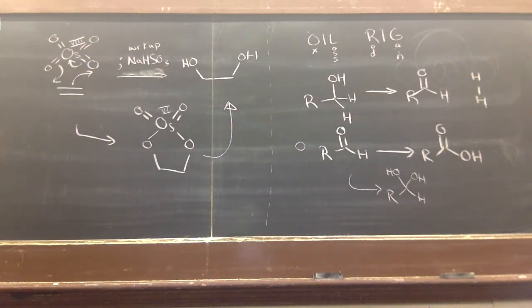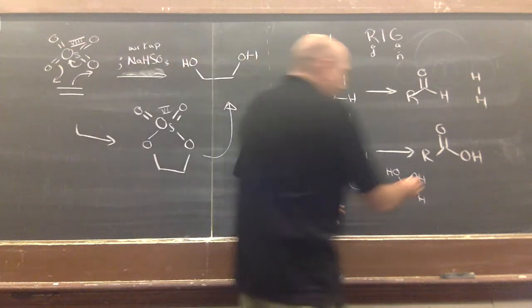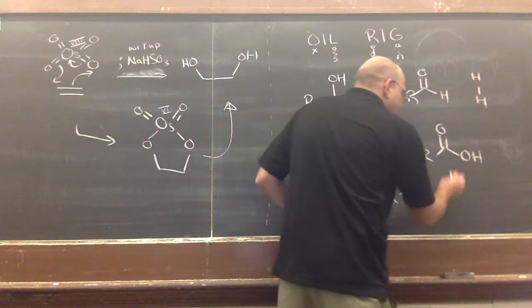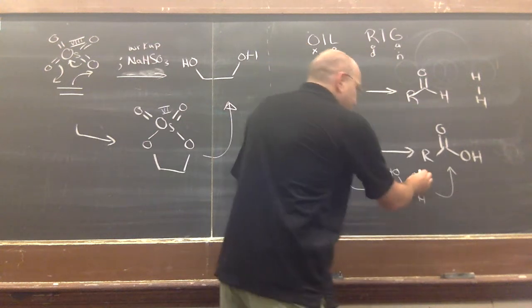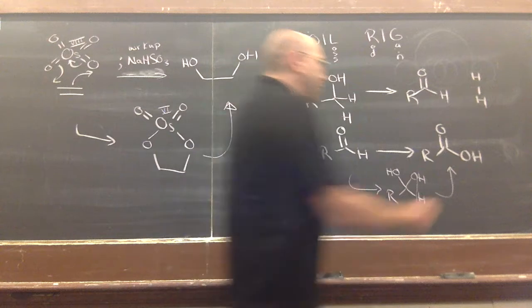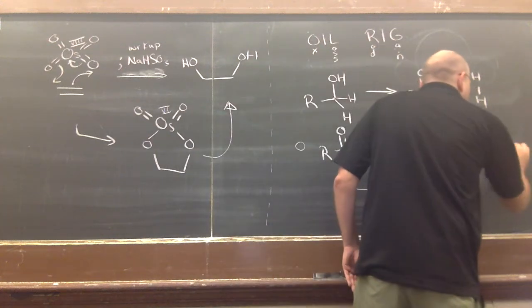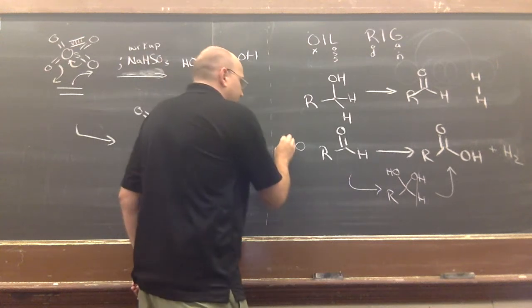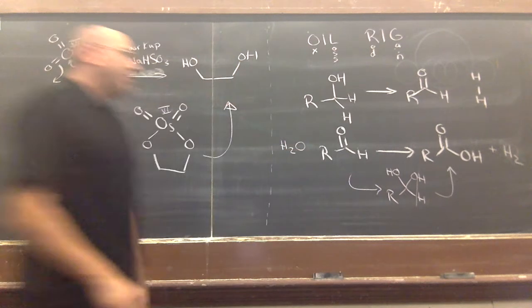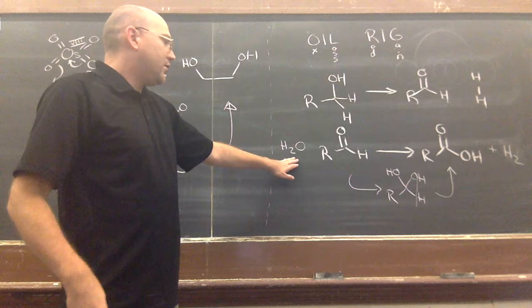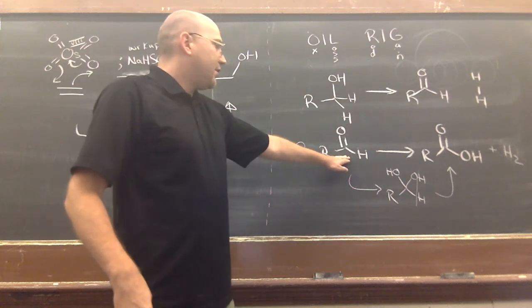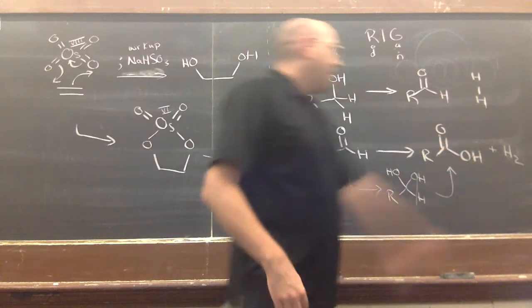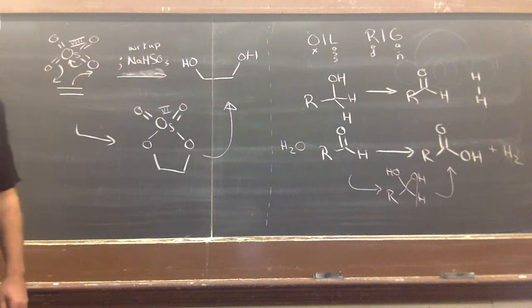This is the subsequent oxidation. And then what ends up happening there is we lose those 2 electrons from the hydrogen. So really, if we want to balance this equation, we can basically say H2O plus the aldehyde leads to water and hydrogen.